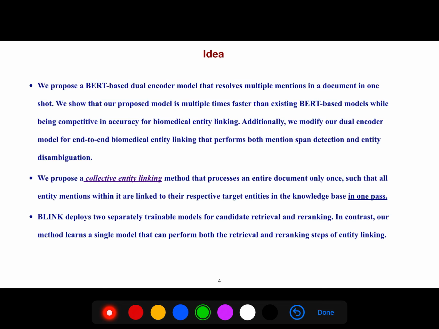Additionally, we modify our dual encoder model for end-to-end biomedical entity linking that performs both mention span detection and entity disambiguation. So we propose a collective entity linking that processes an entire document all at once, instead of just mention after mention, such that all entity mentions within it are linked to their respective target entities in the knowledge base in one pass.